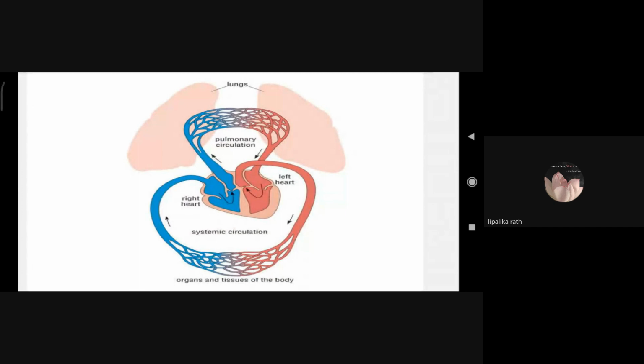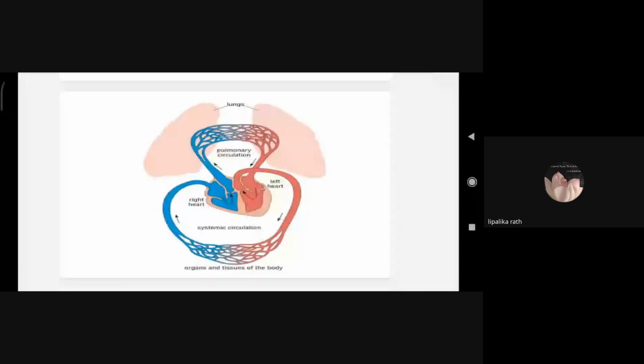Then from lungs it is coming to left atrium, left ventricle, and from left ventricle again the oxygenated blood is circulating the whole body. These are the two types of circulations. When the blood is going to lungs and coming to heart, that is pulmonary circulation, and when the blood is going to body and coming to heart, that is systemic circulation.